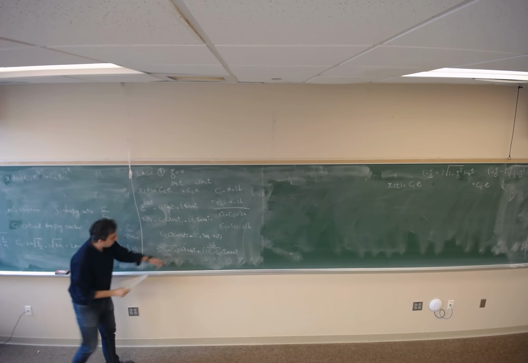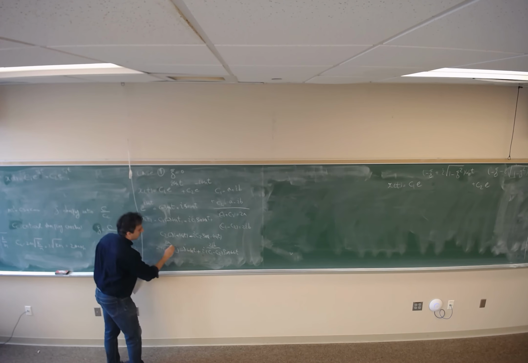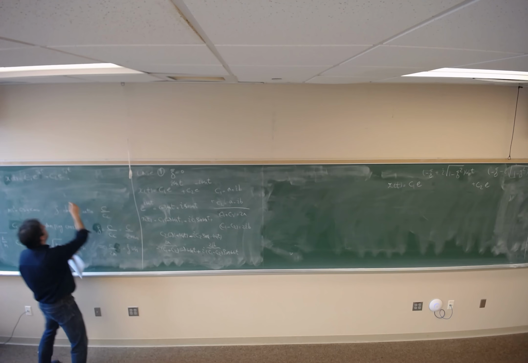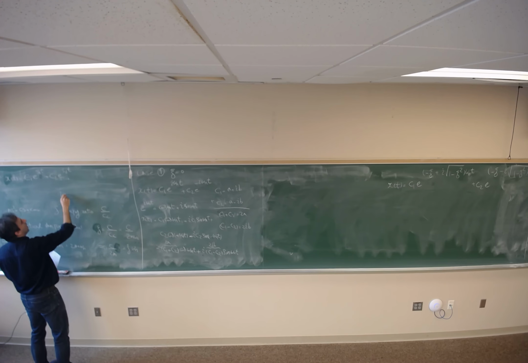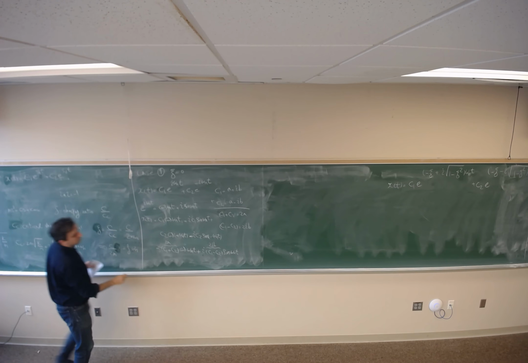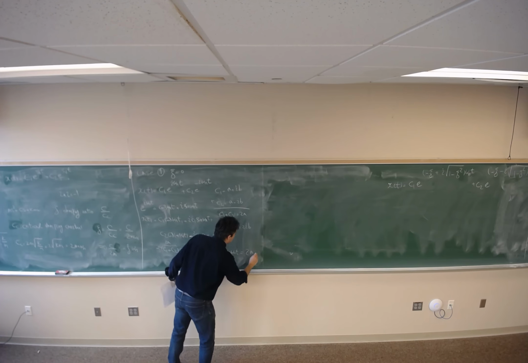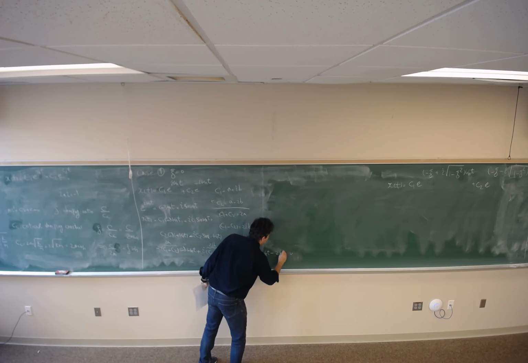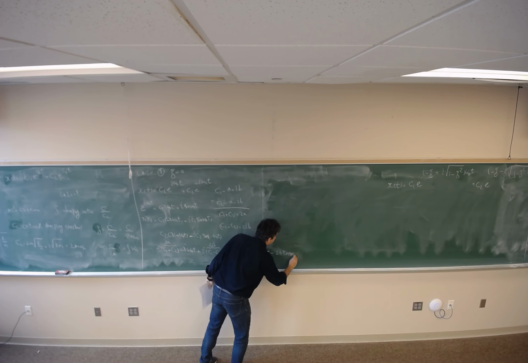So 2I times I is going to be 2 I squared, or negative 1. I times I is going to be negative 1. So it's going to end up as 2A cosine of omega nt minus 2B sine of omega nt.